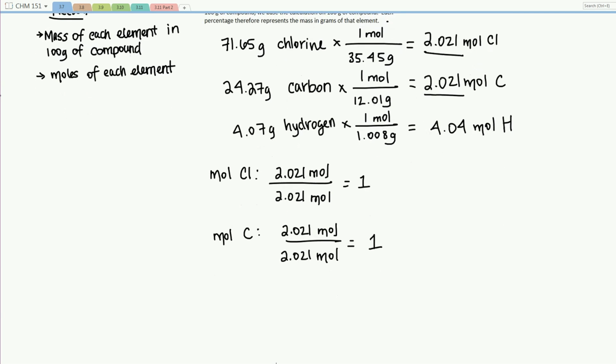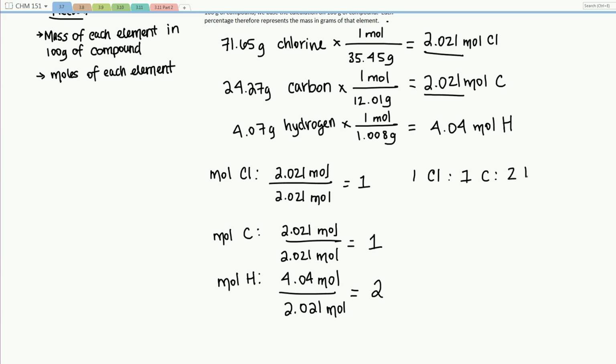And the last one, moles hydrogen, we calculated 4.04 moles, and we need to divide that by the smallest number, 2.021 moles. And that gives us approximately 2. Okay, so now we can take each of these numbers, and this is our ratio. So we have 1 chlorine, 1 carbon, to 2 hydrogens.